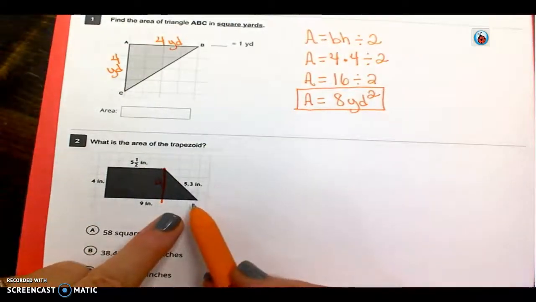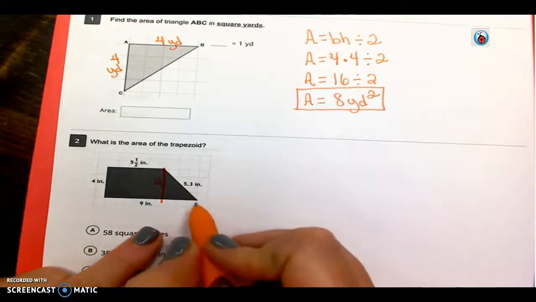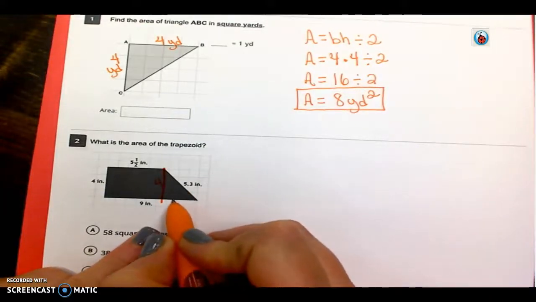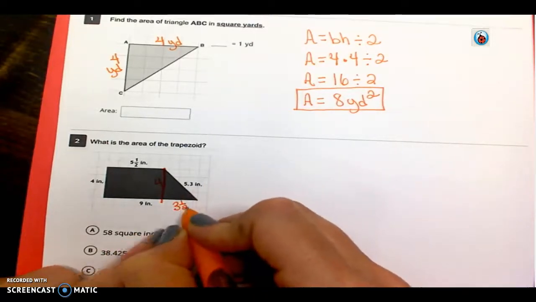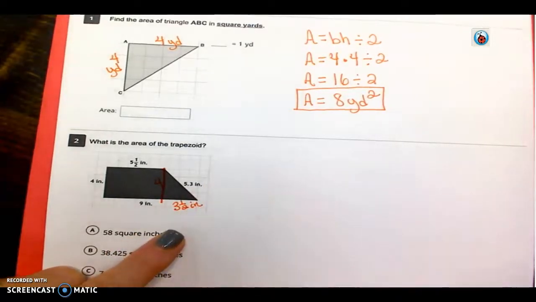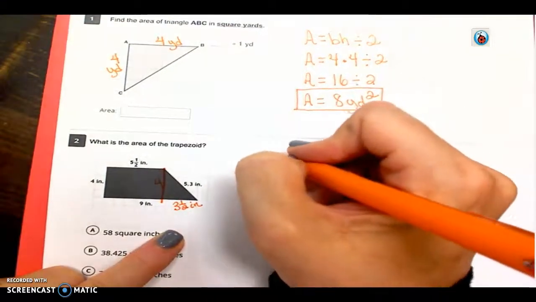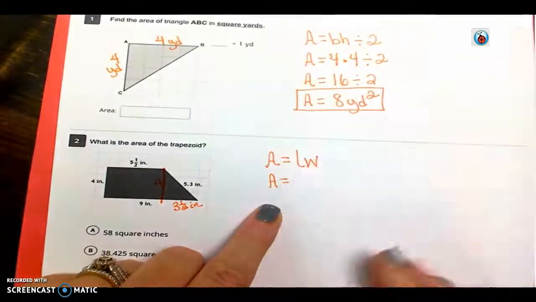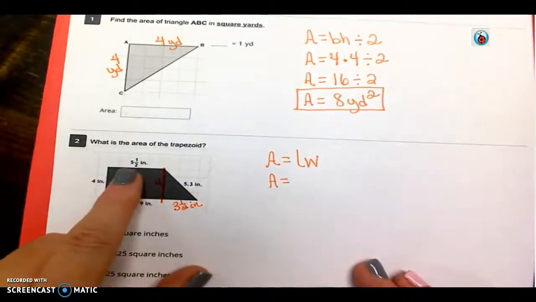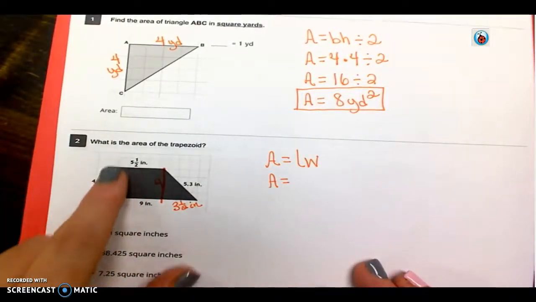The triangle, we have, as you can see, 1, 2, 3, and a half here. So we have 3.5 inches here. Okay, so let's go ahead and start with the rectangle, length times width. And so those dimensions are going to be 5.5 and 4.